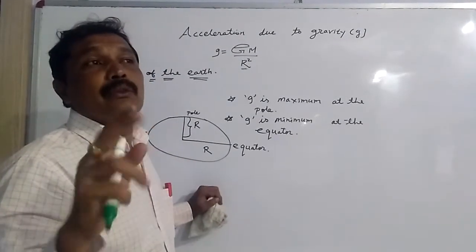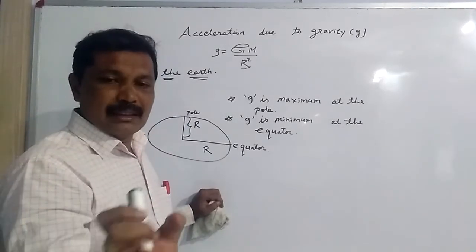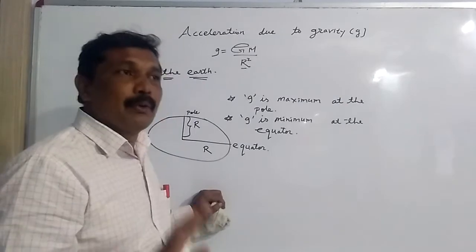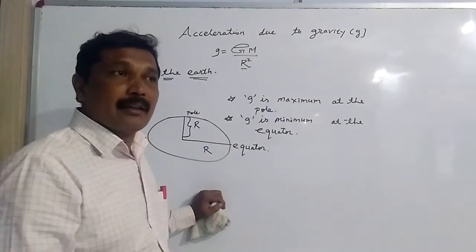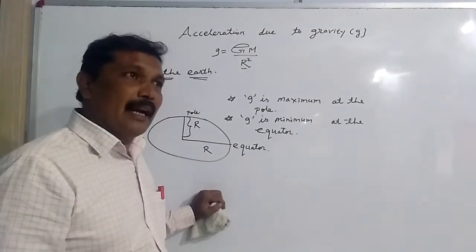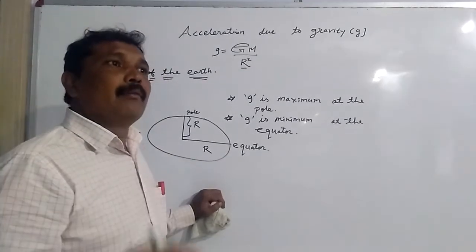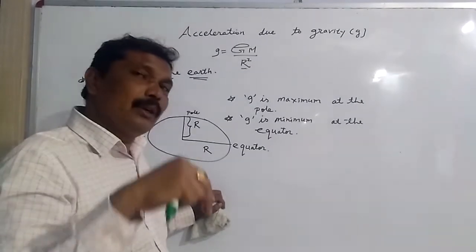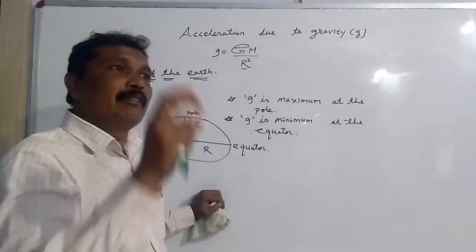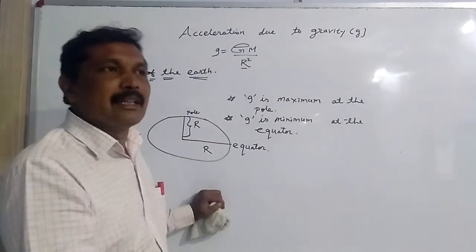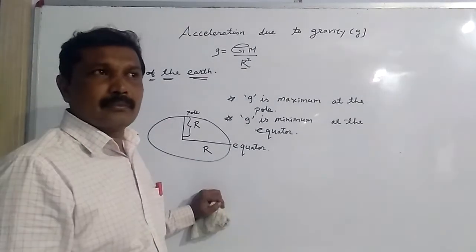Acceleration due to gravity should have increased, because the distance between the two bodies is decreased. But it does not happen because the formula is not applicable here. The reason behind this is that not only the R goes on decreasing, but the mass of the earth also goes on decreasing at the same time when we take the object towards the center of the earth.